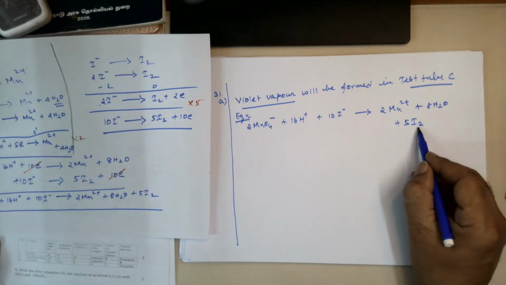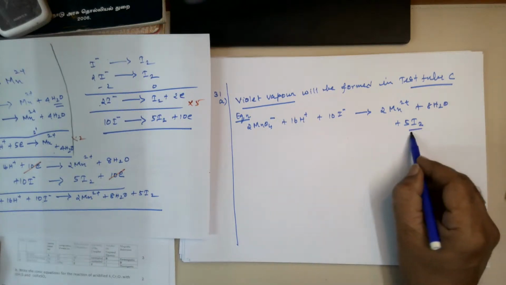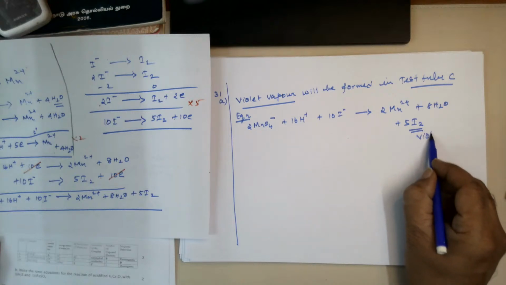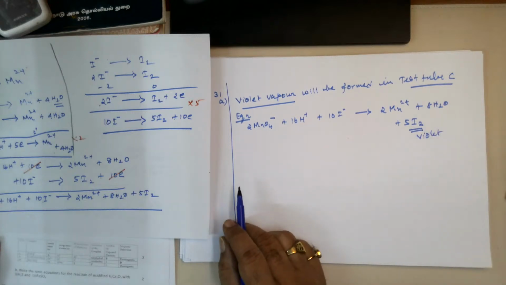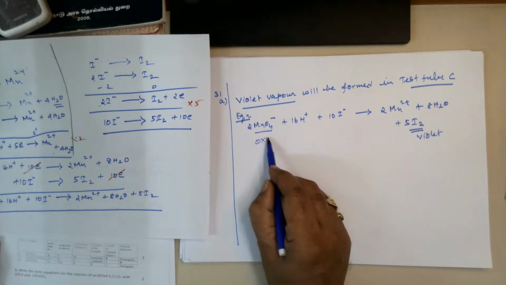And it is because of this iodine you are able to get the violet color. So you can mention this. This is responsible for this violet color. Done. And KMnO4, it is the oxidizing agent.